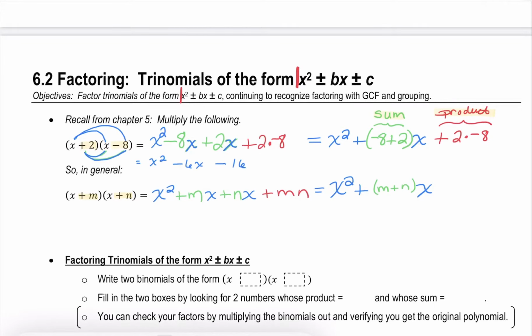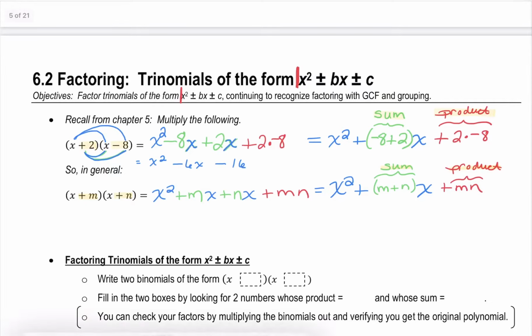And then it is the product of the m times the n that is the last term. So again, in general, the sum of the numbers that we're looking for becomes the coefficient of the x term, and the product of those numbers is the last term. So this is going to be our factoring pattern.